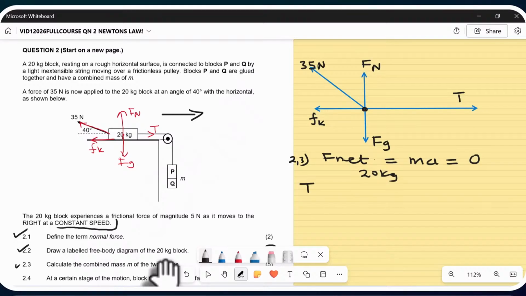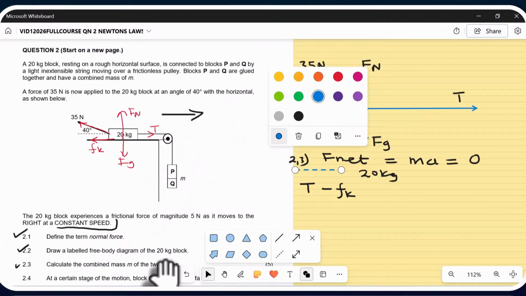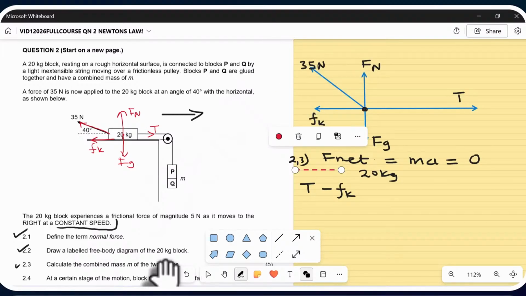This horizontal component here for the 35 newton force is given by this angle here, which is 40. As you can see, it is adjacent. So we're going to say T minus Fk minus Fx equals ma, which equals 0.